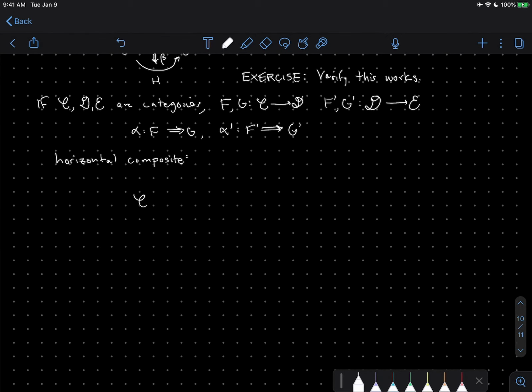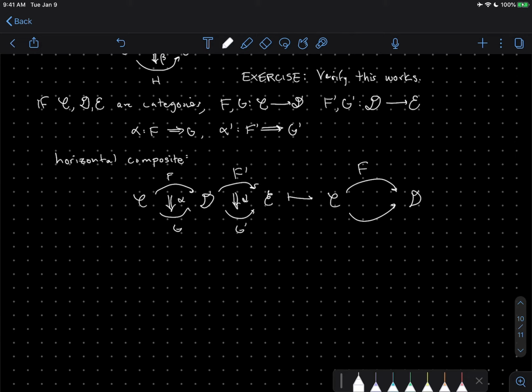What this is going to look like is we have C, D, E, F, G, alpha, F prime, G prime, alpha prime, and we will take this to the picture where we have F prime composed with F, G prime composed with G, which means that this should be an E, not a D, and the natural transformation here is what we're going to call alpha prime circle alpha.